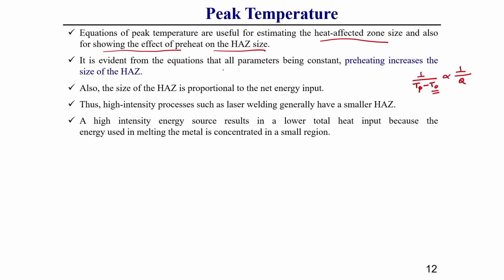It is also evident from the equation that, all parameters being constant, if the preheat temperature increases, then your Y value will increase. How, I am just showing, because 1 over the peak temperature minus the initial temperature, or the preheat temperature, generally depends on what?